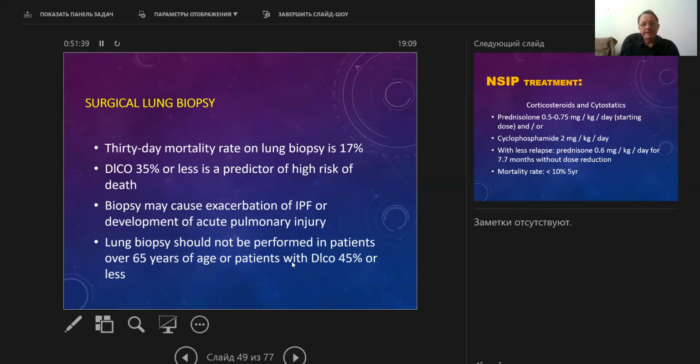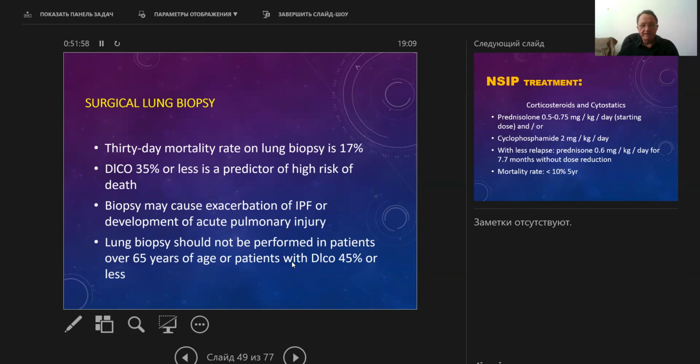But if we detect ground glass opacity, in many countries national recommendations call for surgical lung biopsy.